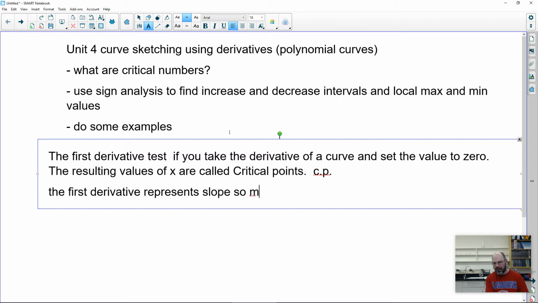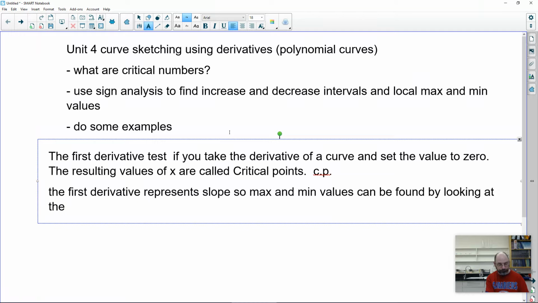So max and min values can be found by looking at the changes in slope for the curve.